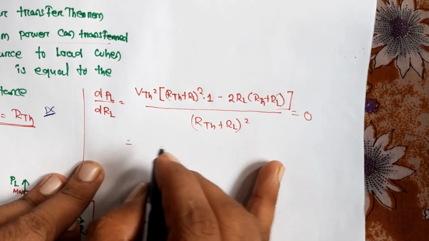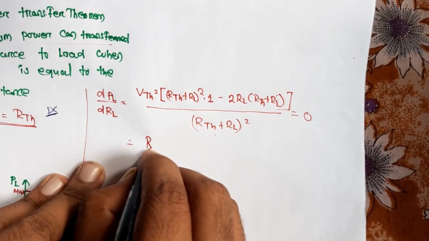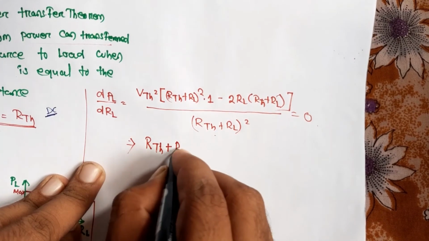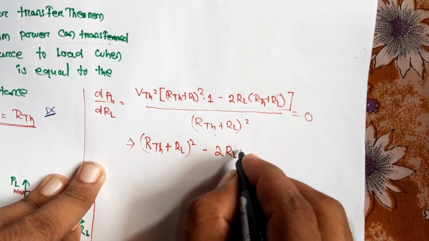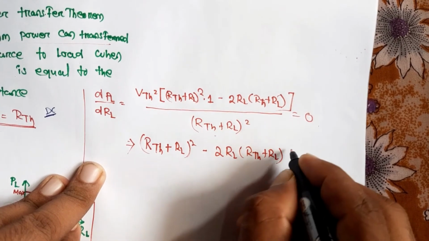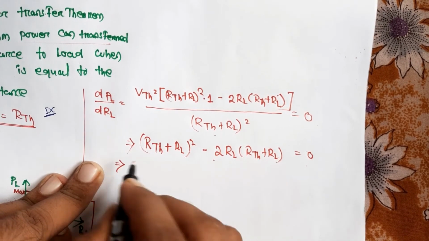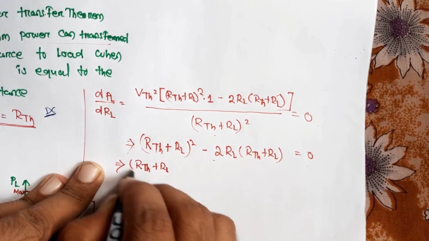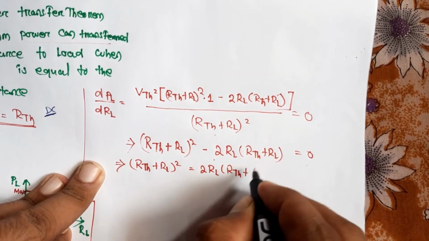If we simplify further, finally we get (RTH plus RL) square minus 2 RL into (RTH plus RL) is equal to 0. Taking this to the other side, (RTH plus RL) whole square is equal to 2 RL into (RTH plus RL).